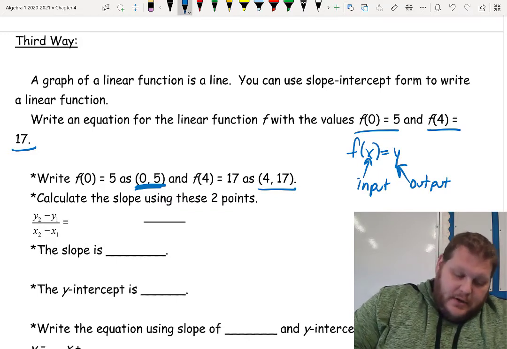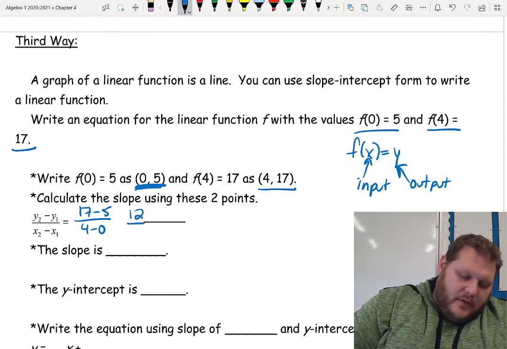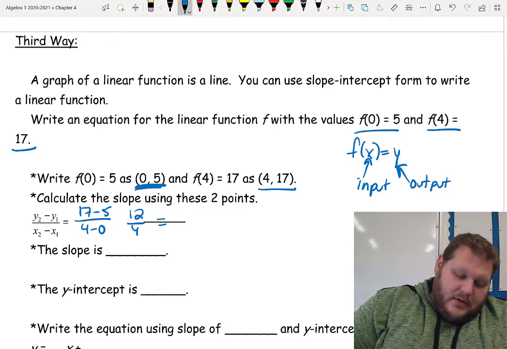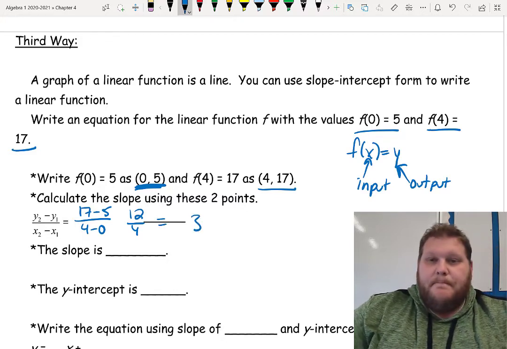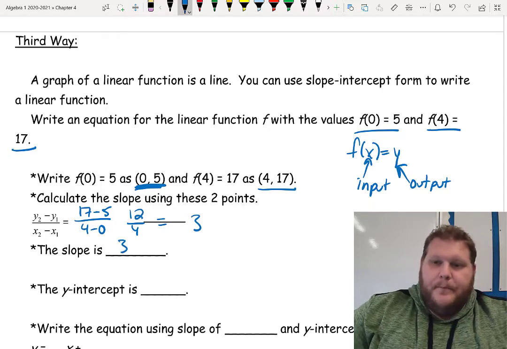If I do that here, I'm going to start with 4, 17. So 17 minus 5 over 4 minus 0 gives me 12 over 4. Gives me a slope of +3. So slope is 3.